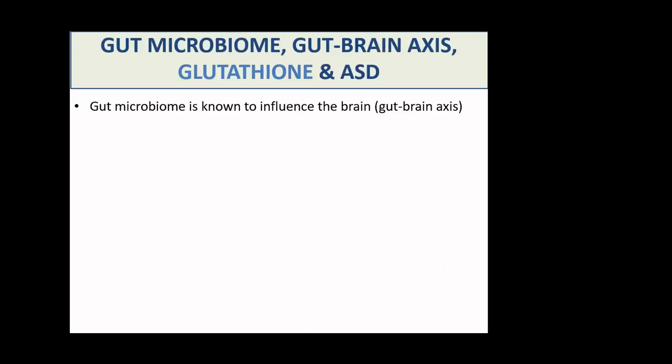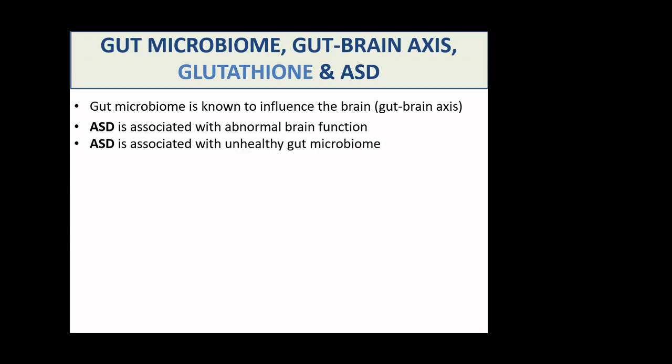Then we move on to the role of the gut microbiome, the gut-brain axis, and the role of glutathione in all this. The gut microbiome, that is the totality of the gut bacteria and the other gut microbes, is known to influence the brain through the gut-brain axis. ASD, autism spectrum disorders, is associated with abnormal brain function.